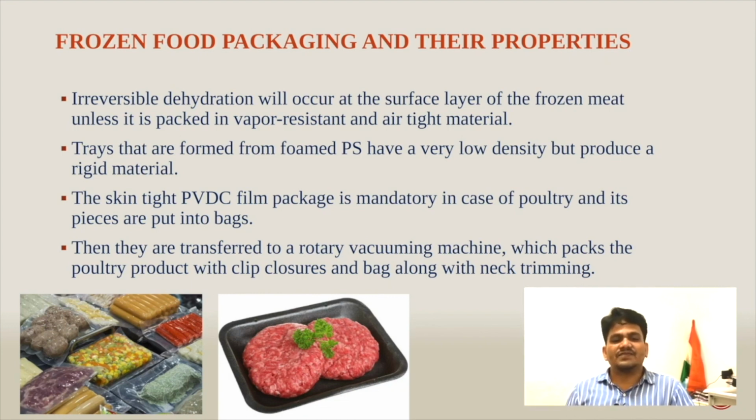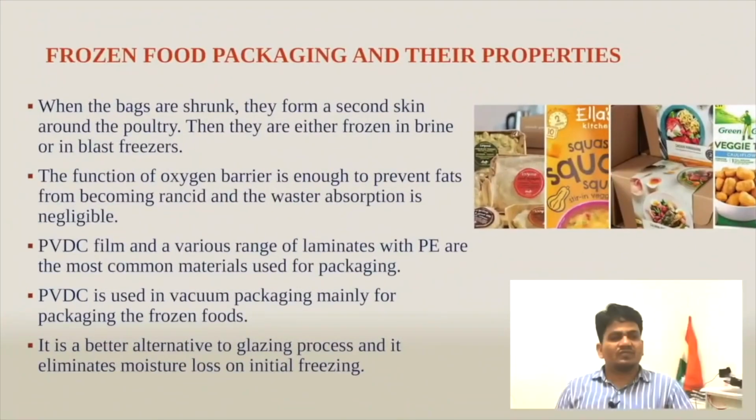Then they are transferred to a rotary vacuum machine which packs the poultry product with clip closures and bag along with neck trimming. When the bags are shrunk, they form a second skin around the poultry. Then they are frozen either in drying or in blast freezers.